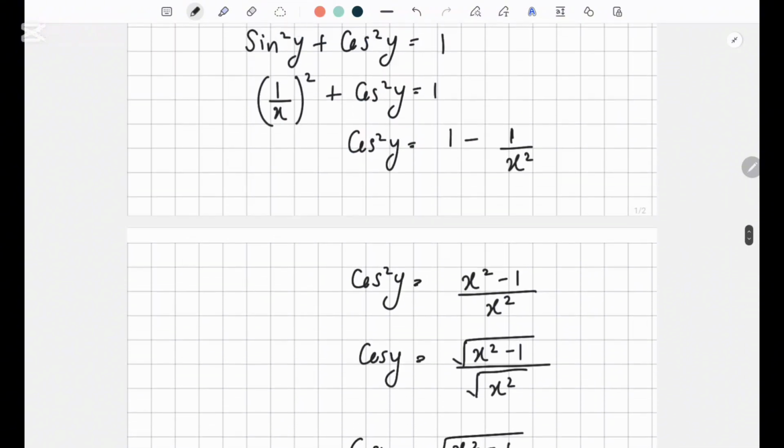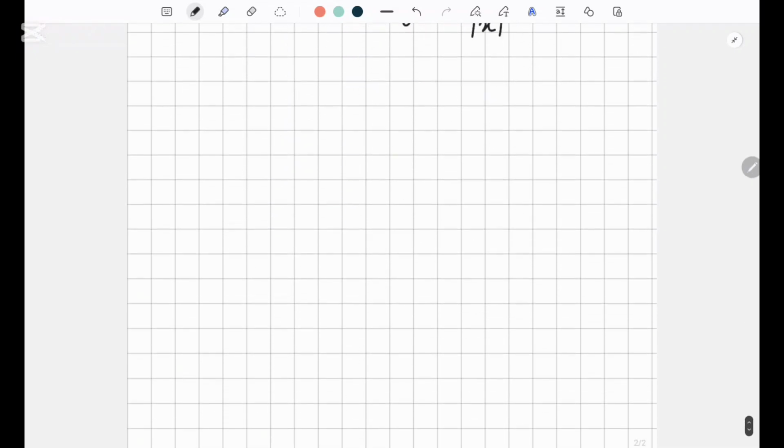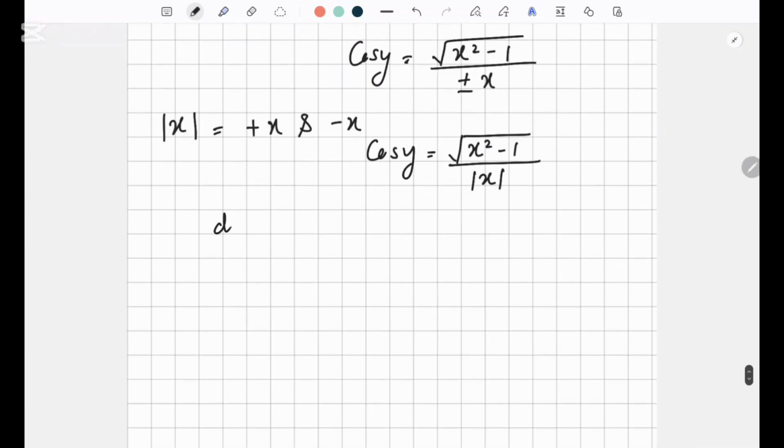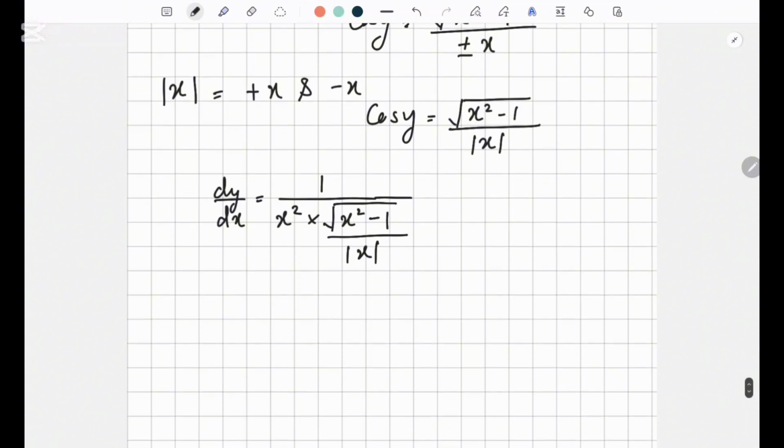Okay? So now let's put that into our differentiation. So dy over dx equals minus 1 over x squared into root x squared minus 1 over modulus x. We could also, without putting in modulus x right now, do it like this if you want to.